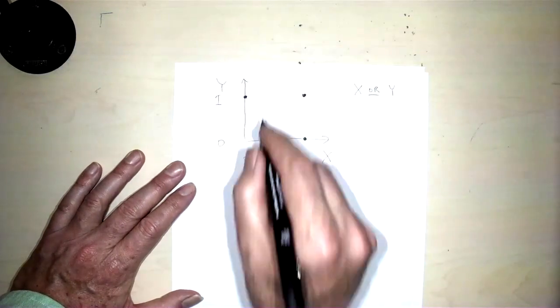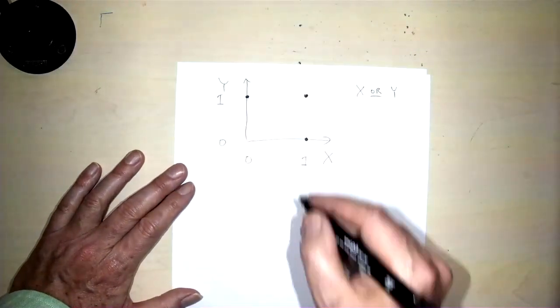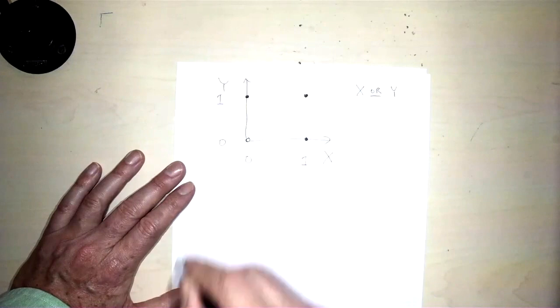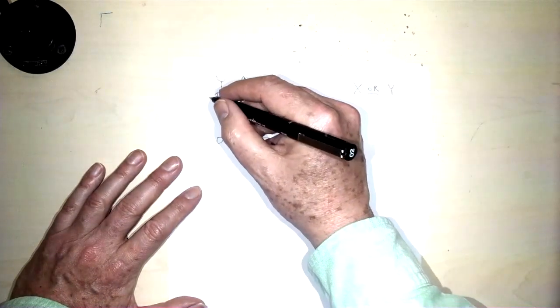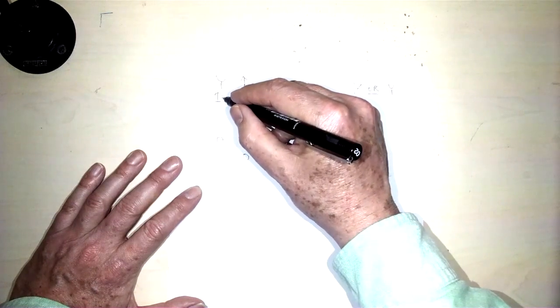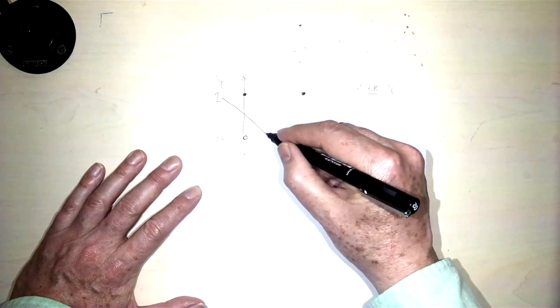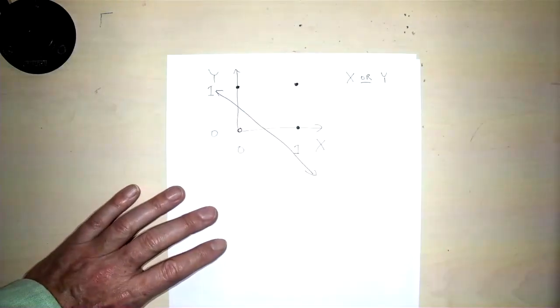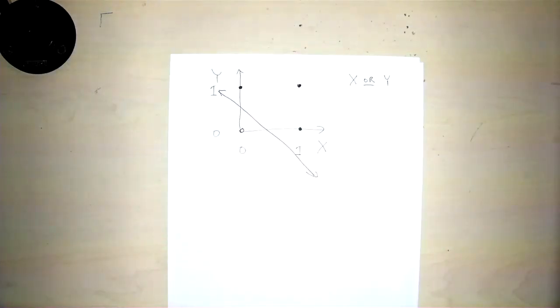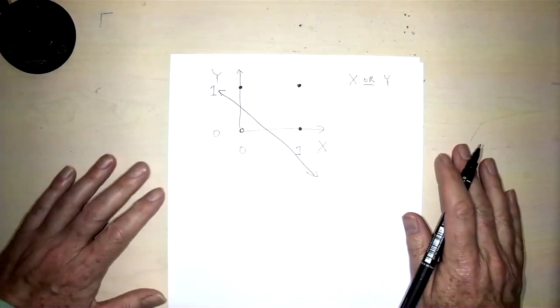So there are 3 examples where this is true and only 1 example where it's false. So again, we play this game from last week. We try to draw a line that puts the black points on one side and the white points on the other.